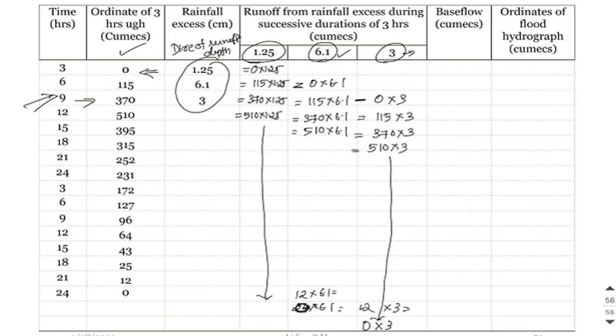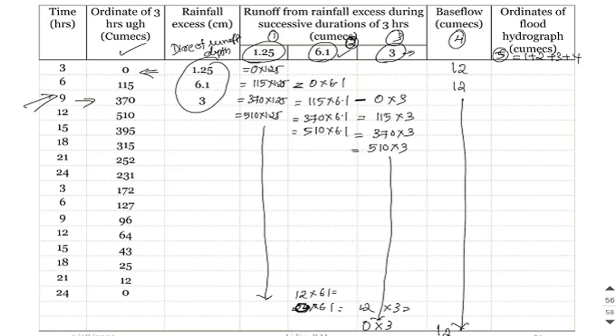And the next column is base flow. Base flow is constant and it is 12, so write down 12. Due to this excess rainfall, the runoff values in the river increase. So what are the total ordinates? You have to add all the values. Take the columns as 1, 2, 3 and 4, so the total is 1 plus 2 plus 3 plus 4.